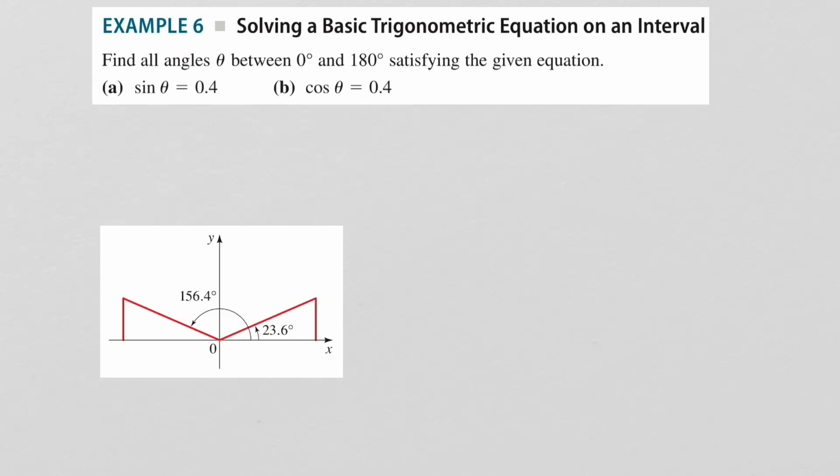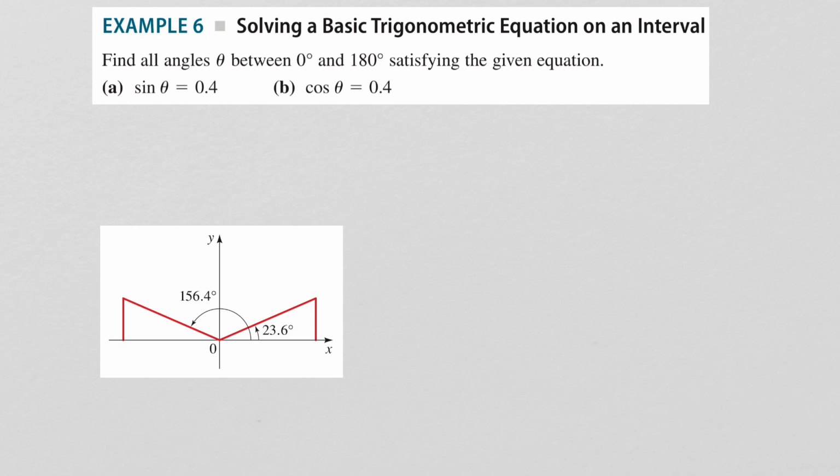We can also solve basic trigonometric equations using inverse trigonometric functions. So in this case here, we want to find all angles theta that are between 0 and 180, so they are specifying that theta has to be in between 0 and 180, satisfying the given condition. So sine of theta is equal to 0.4.